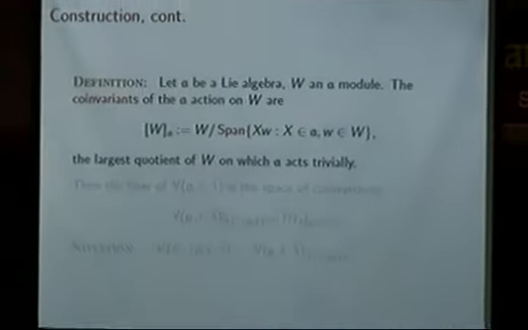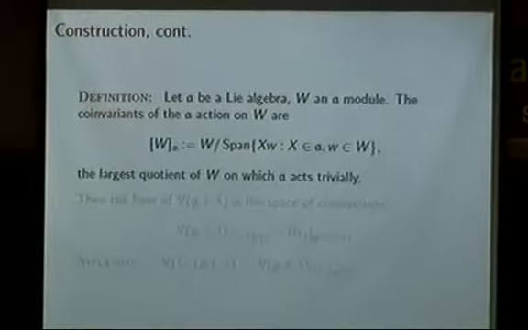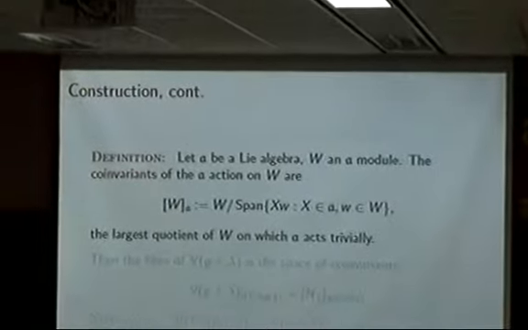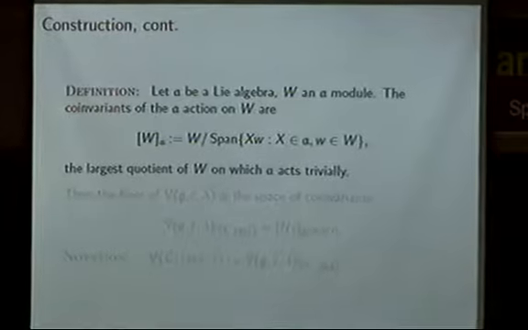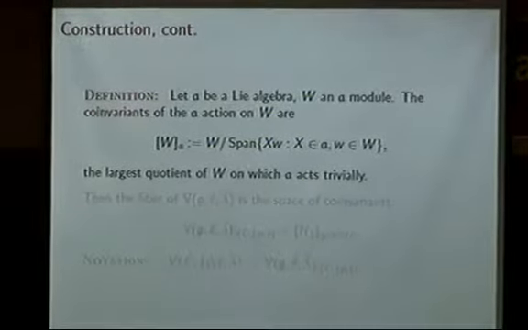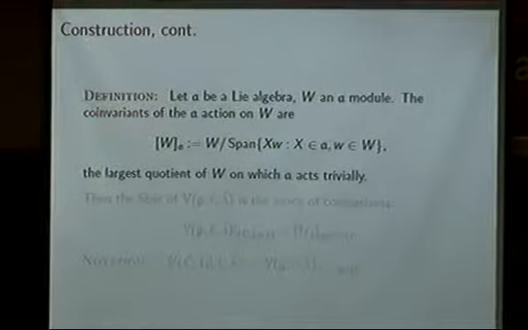Let's say you have a Lie algebra that I'll write as A and an A module which I'll write as W. Then the coinvariants of this action on W, I'll denote by W bracket sub A. All it is, I take W and I mod out by the span of all the vectors of the form x times w. So the coinvariants are the largest quotient of W on which A acts trivially.